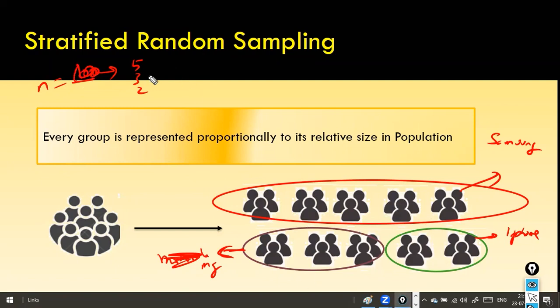Here you have 100 customers, out of which 50 customers are Samsung, 30 customers are MG, and 20 customers are iPhone. Okay, so let's assume that this is your population size. So this is your population.